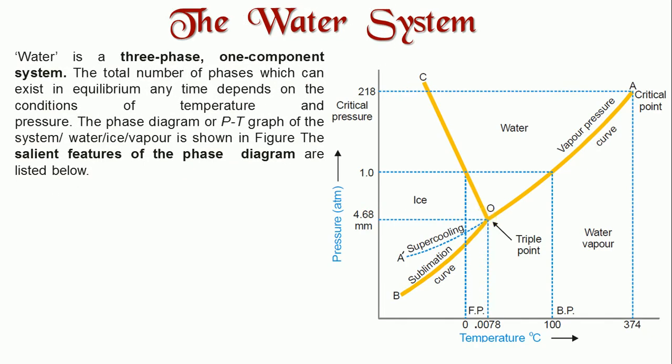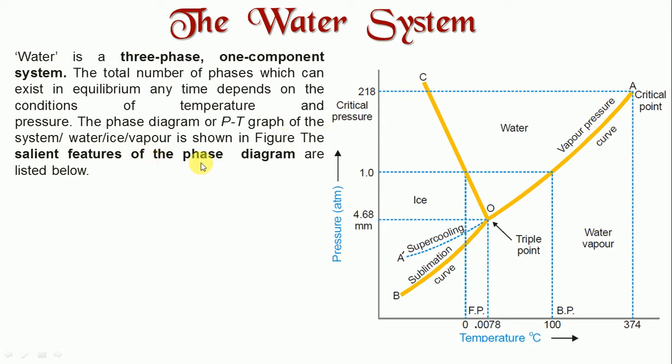Now, what is the water system diagram? Water is a three-phase one component system. The total number of phases which can exist in dynamic equilibrium at any time depends on the conditions of temperature and pressure. The phase diagram, or pressure and temperature graph, of the system known as water, ice and water vapor, is shown in the figure.